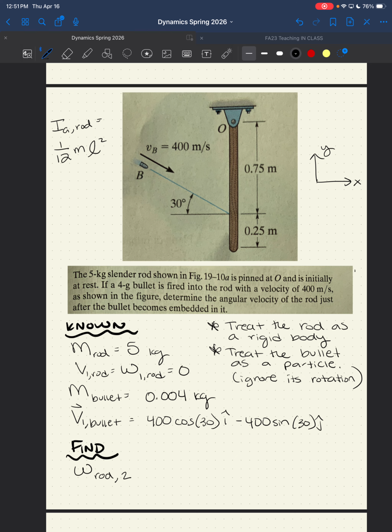We're supposed to use conservation for this. Why do you think you cannot use conservation, Samuel?